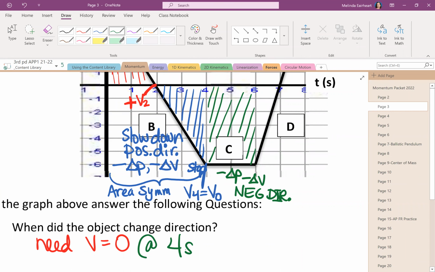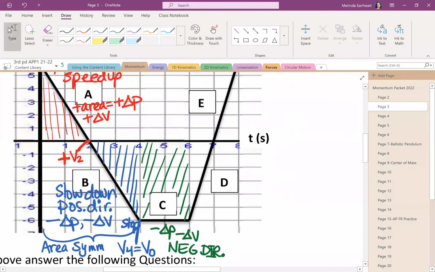Good deal? Now I'm going to keep the story going. Okay, we'll need it later. Let's keep our story going. What about D? D still has negative area, not as much, but we still have a negative change in momentum, a negative change in V. So what's our object doing in D?